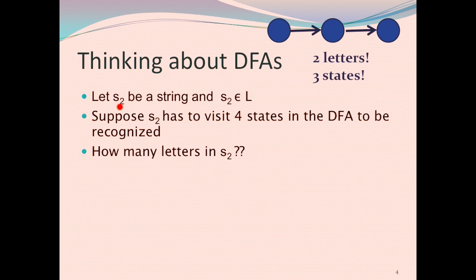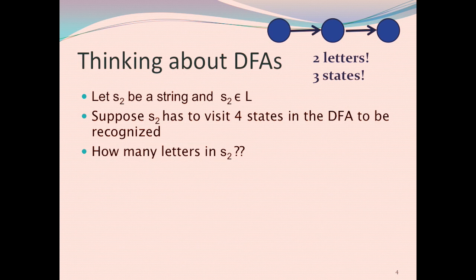Now let's talk about the string S2. It's also going to be part of my language. It's accepted by the same DFA. So, maybe these 3 states were just part of my DFA, right? I didn't really draw the whole thing out. So suppose that S2 has to visit 4 states in the DFA in order to be recognized. How many letters are in S2?